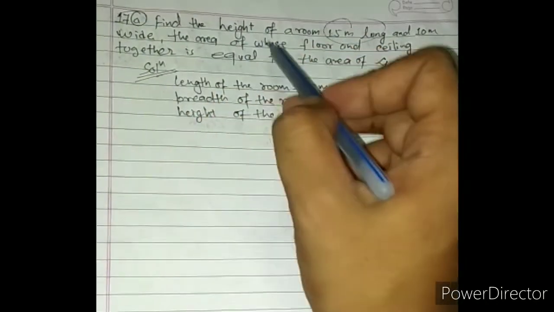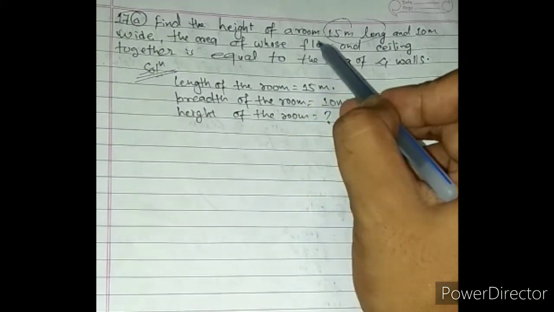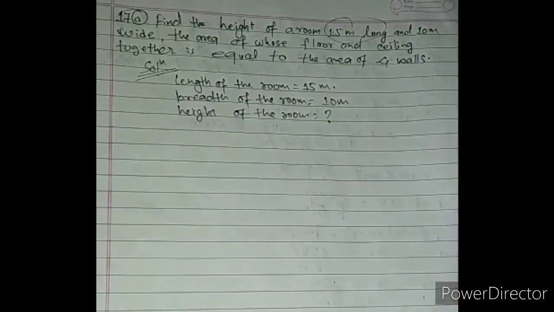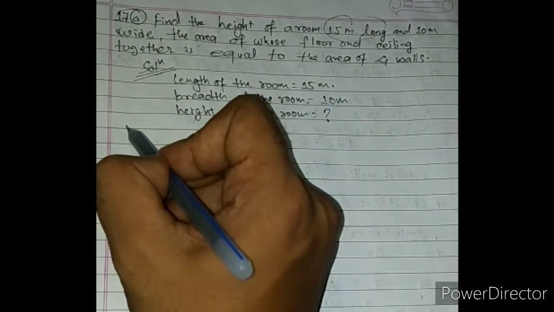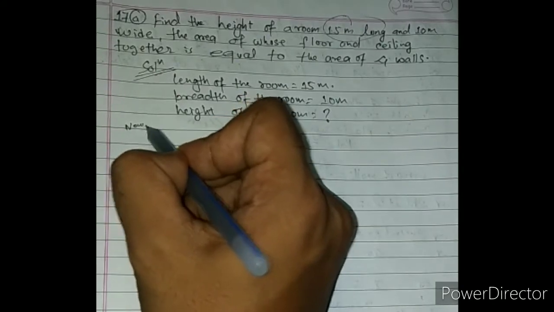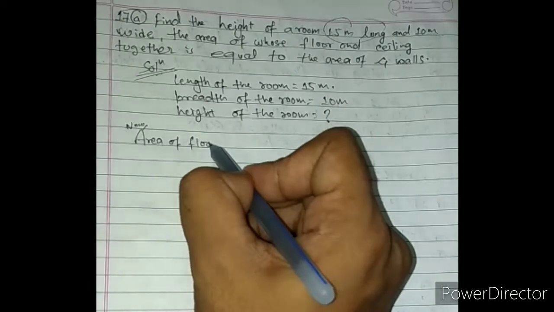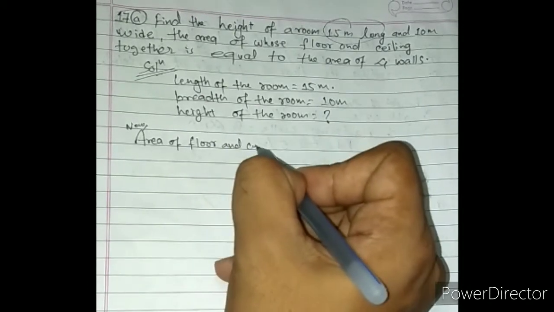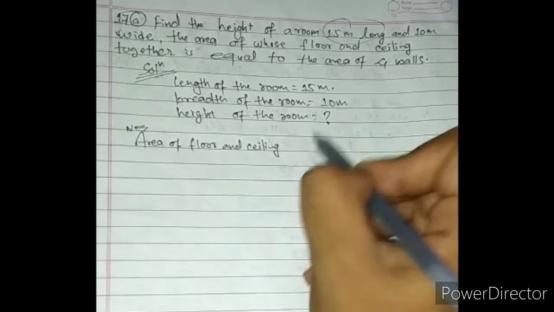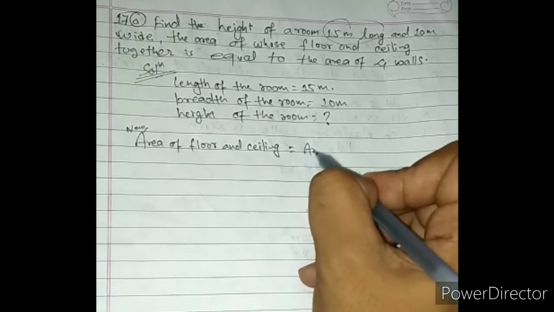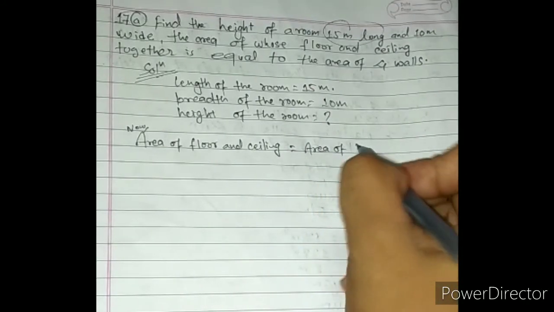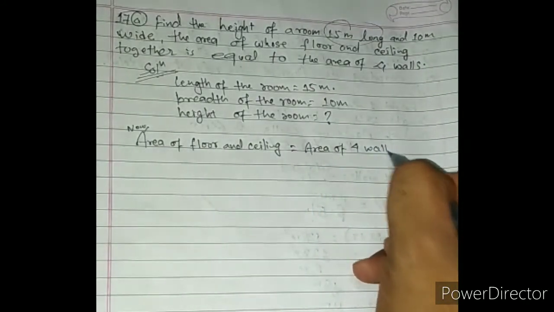Now the area of floor and ceiling together is equal to the area of the four walls.